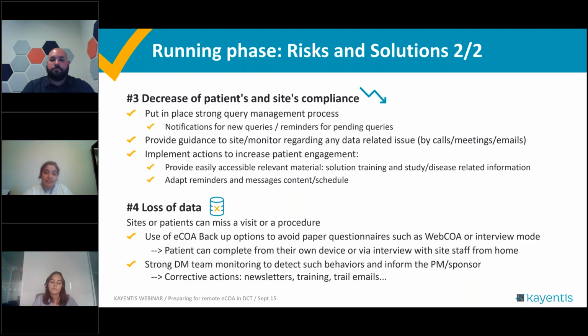Data loss. Sometimes visits or procedures could be missed due to a technical issue with the tablet, and the patient might not be able to reach the site. So to avoid data loss, we can implement alternative data collection applications like eCOA and interview mode. eCOA enables the patient to complete the questionnaire from any device other than the tablet, like their own laptop, whereas in interview mode, the site can complete the questionnaires on the patient's behalf via a telephone call.